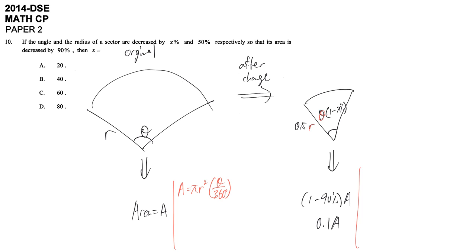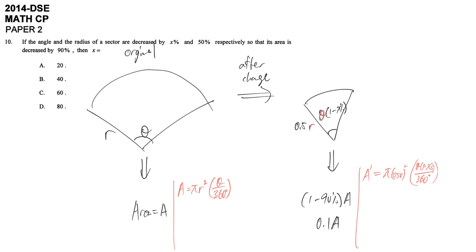The new area is pi something squared times something divided by 360. The new radius is 0.5r, not just r. The new angle of the sector is theta times 1 minus x%.